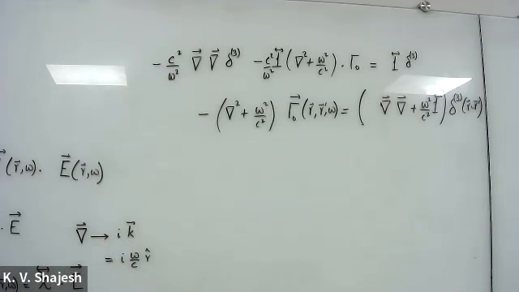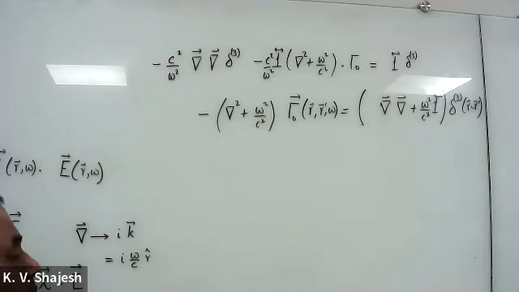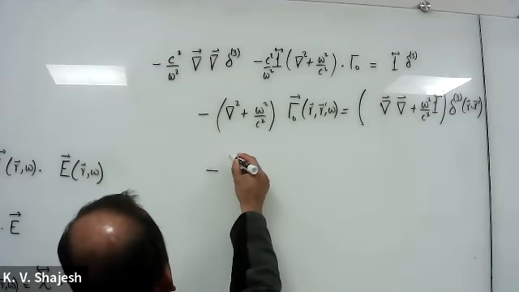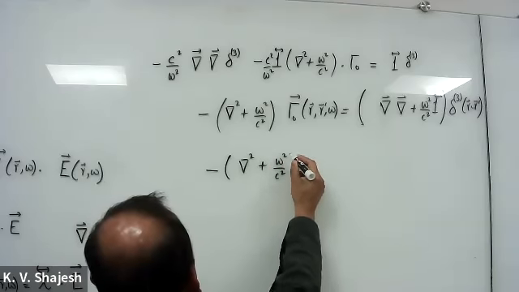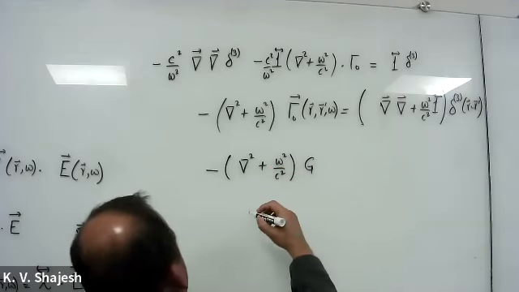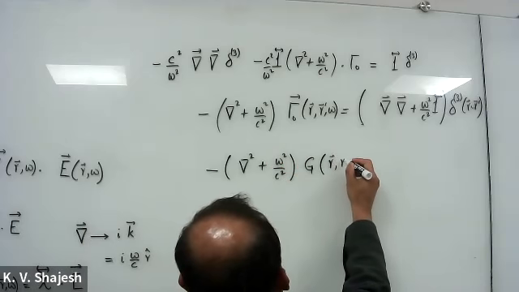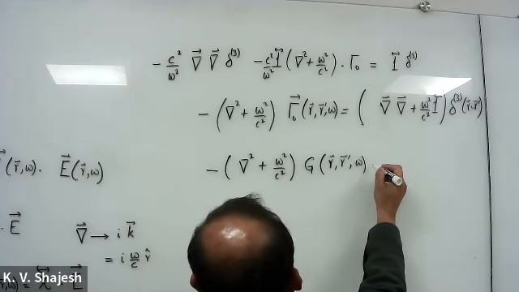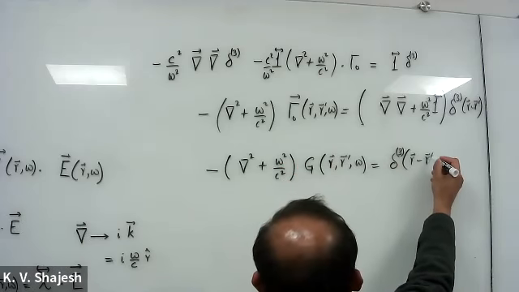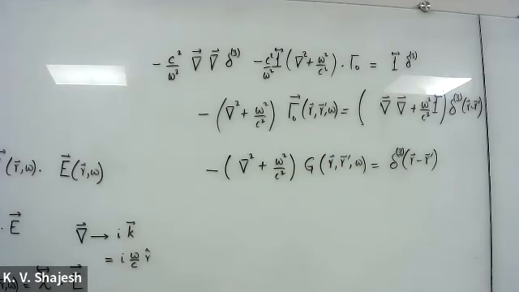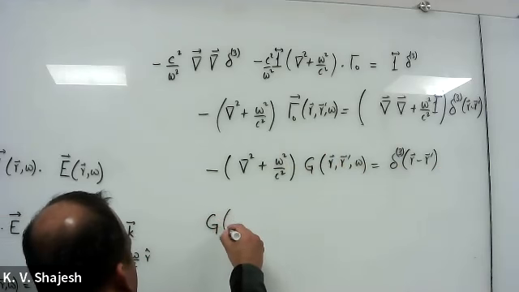But that makes it very easy because we know the Green's function associated with this operator. Remember that del square plus omega square over c square, we called it the Green's function, just G, of r, r prime, omega, is equal to delta function. So if I know this, I can solve for this then. And what was the expression for G?